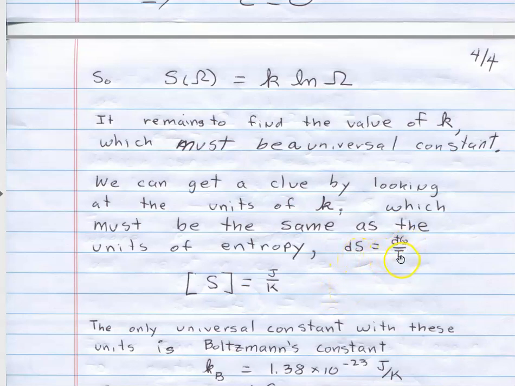And I always remember this for reversible systems. dS is dq over T, where dq is the heat change. dq is energy, so it's in joules, and T is temperature, so absolute temperature, so it's in Kelvin. And so the units, I like to put brackets around the things, so I'm just looking at the units. The units of entropy is joules per Kelvin, and k has to have the same units and be a universal constant.